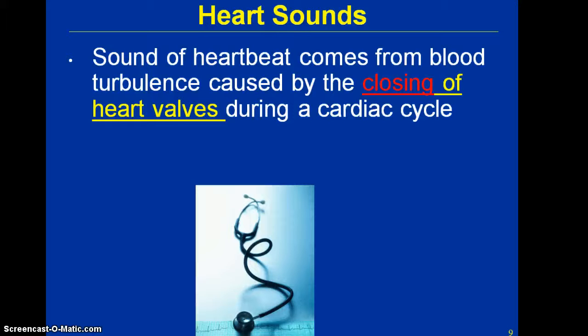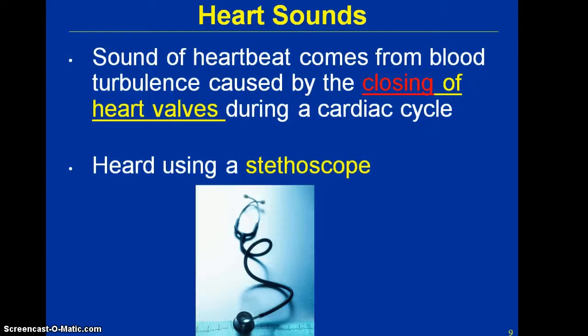That closure of the valves will create a sound, and that is the first heart sound, known as lub. Then when the semilunar valves close, that is the second heart sound, known as dub. In order to hear heart sounds, one needs to use a stethoscope.